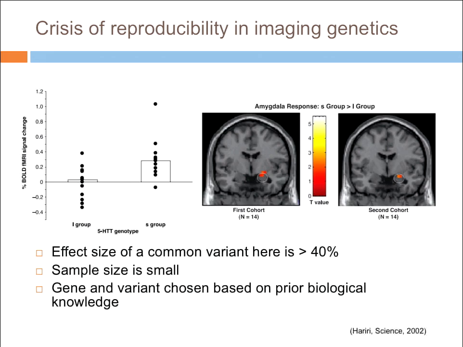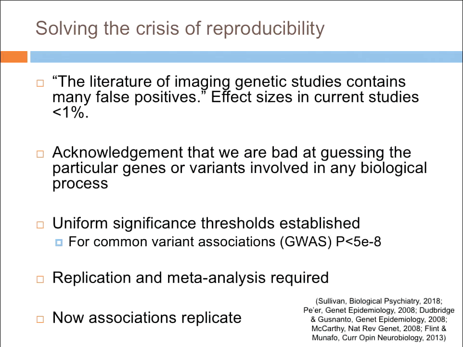Okay, so studies like this have unfortunately not been very well replicated. The reason behind that was that the effect sizes were hugely overestimated. Current effect sizes in well-replicated studies are well less than 1% of the variance explained.